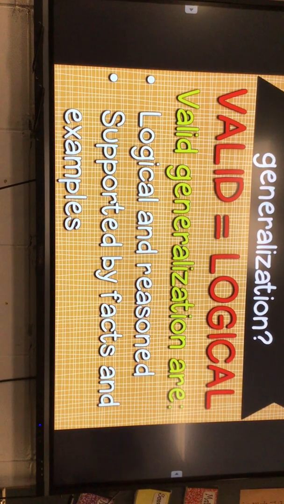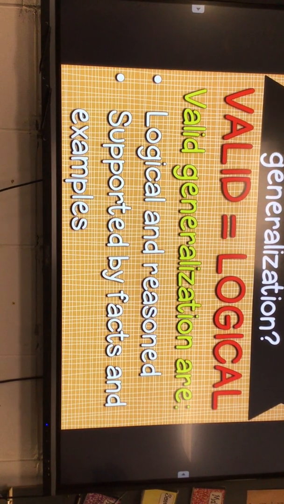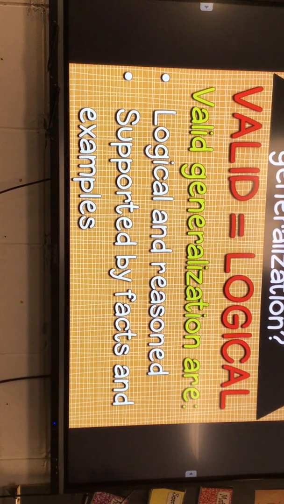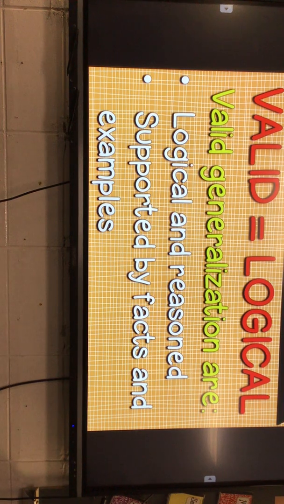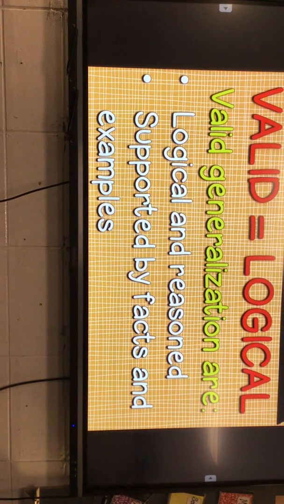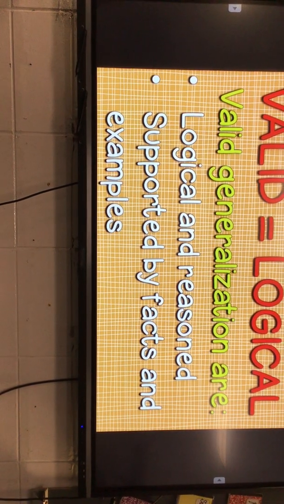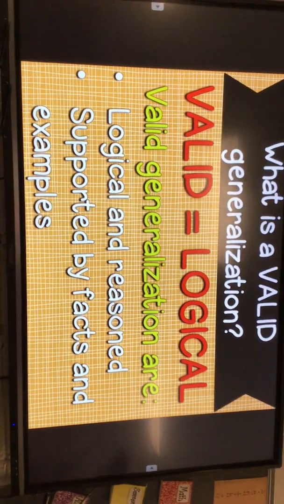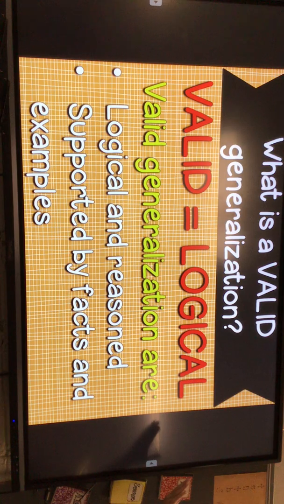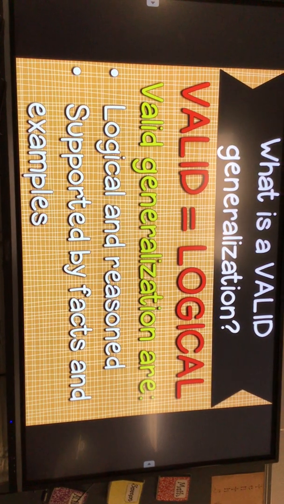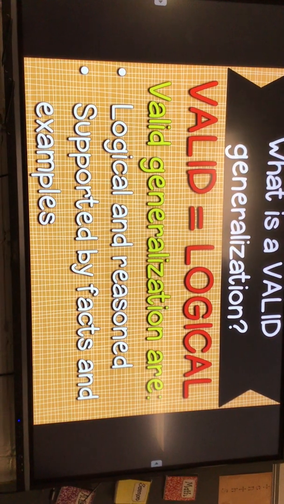So write this here. It's on the back side, a third of the way down. It says a valid generalization is blank. It's logical. It can be supported by blank and blank.